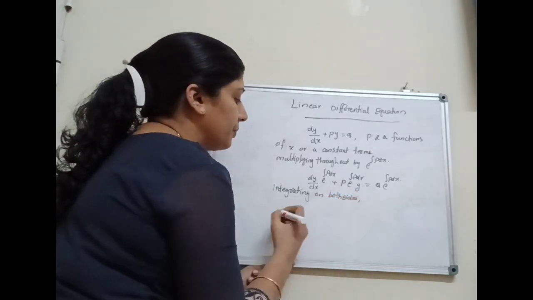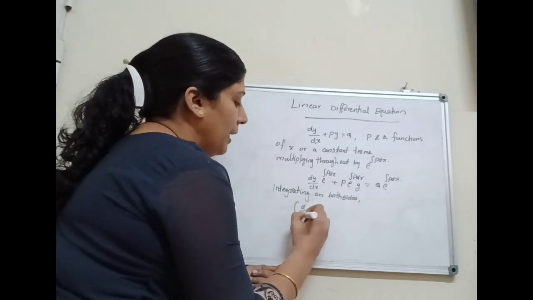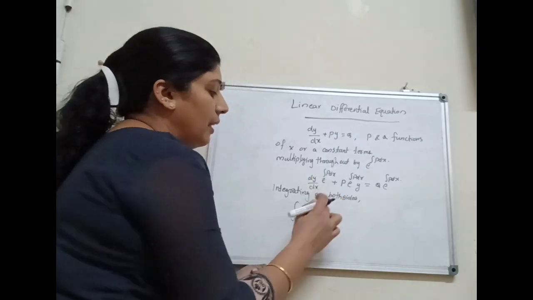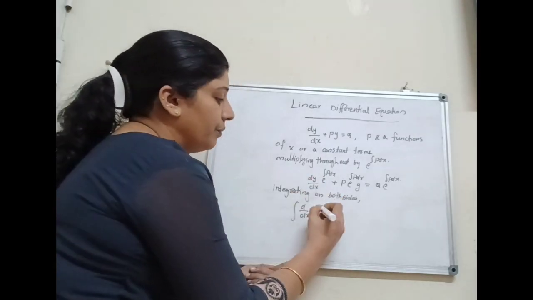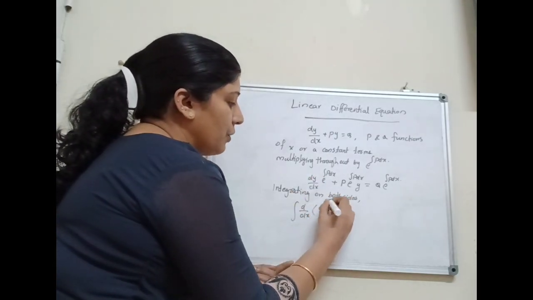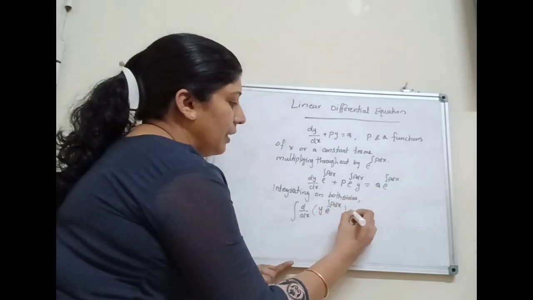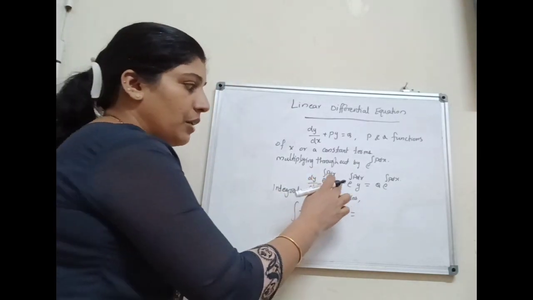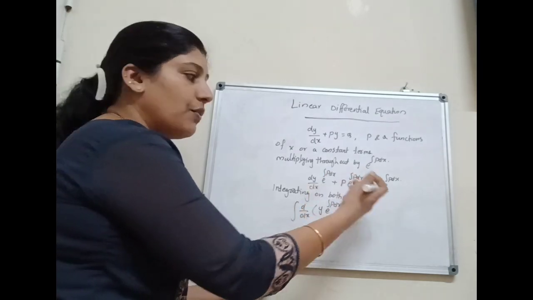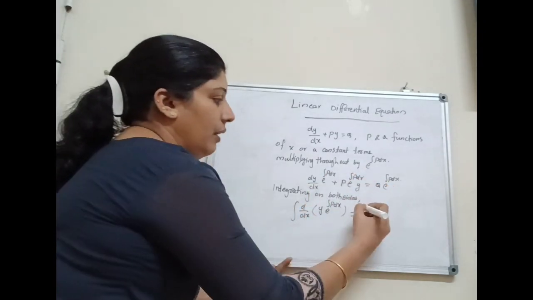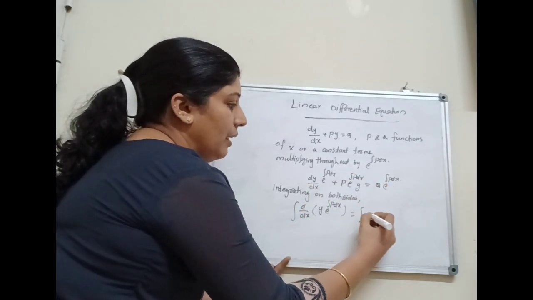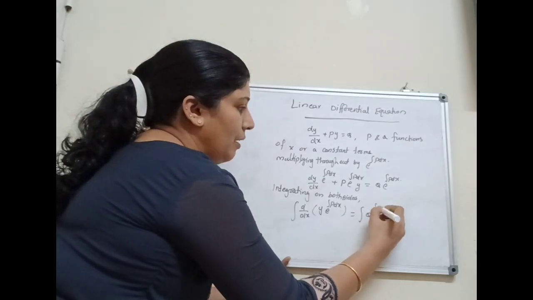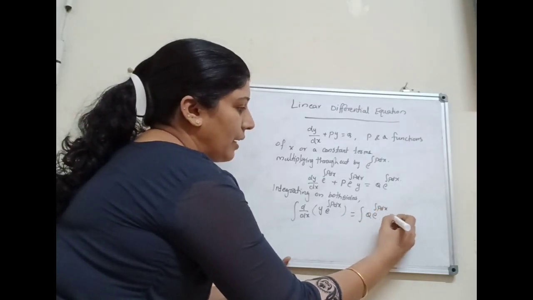We get integral d by dx of y e raised to integral p dx, which is the product rule: derivative of first function into second function plus first function into derivative of second function. Then RHS equal to integral q e raised to integral p dx dx.